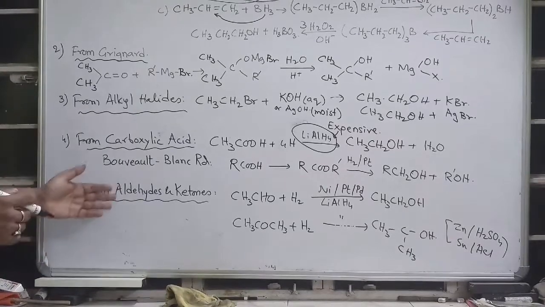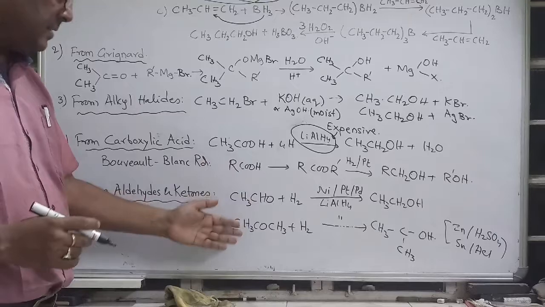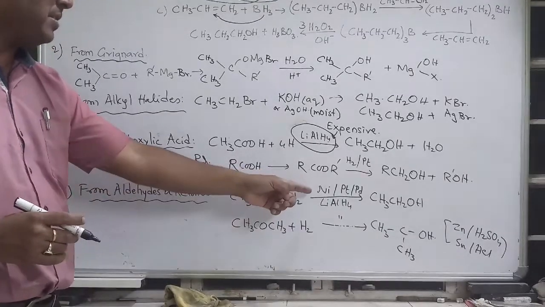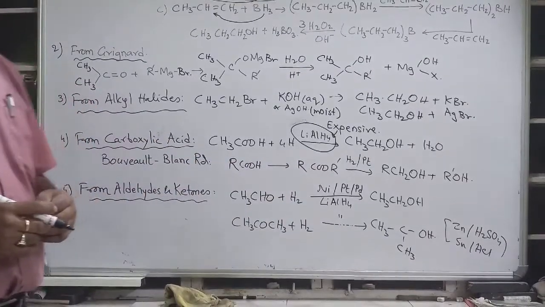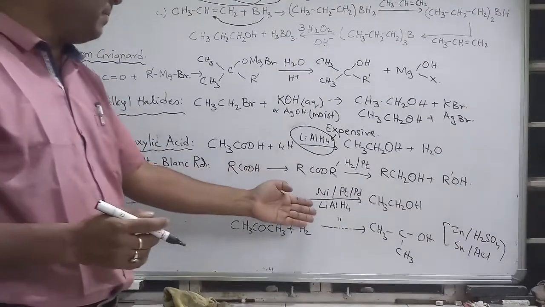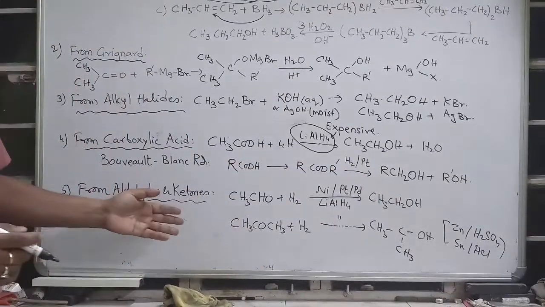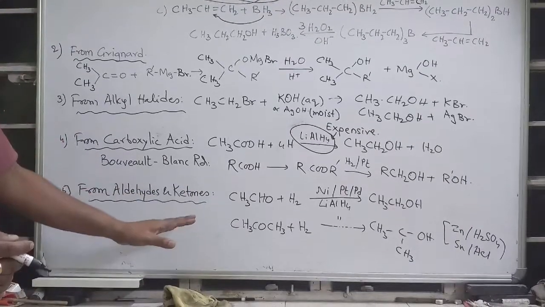And last to go is from the aldehydes and ketones. This is an aldehyde and this a ketone. Aldehydes react with hydrogen in the presence of nickel, platinum or palladium, or we can use lithium aluminum hydride, but this we try to avoid because it is expensive. We get alcohol directly. Similarly, acetone is a ketone.